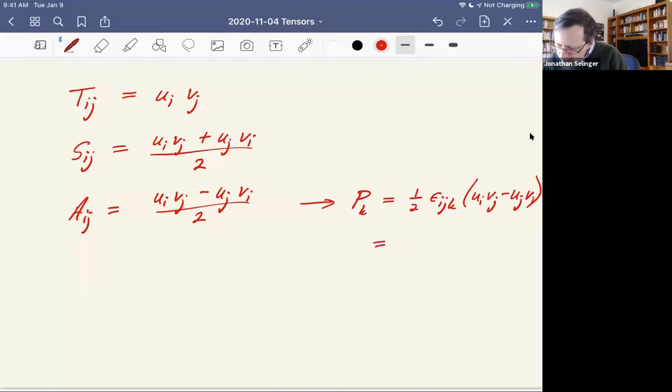So that is the same as epsilon_ijk u_i v_j, right? Because this thing is anti-symmetric and this thing is also anti-symmetric. And so this p vector is just the cross product, u cross v. You know all about visualizing that. Right. Okay.